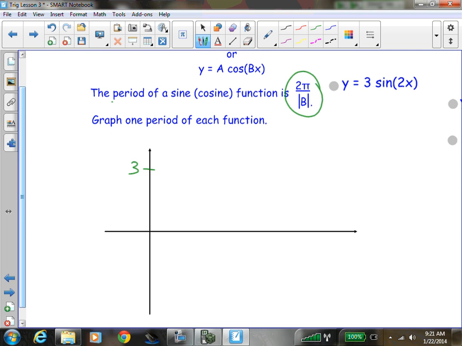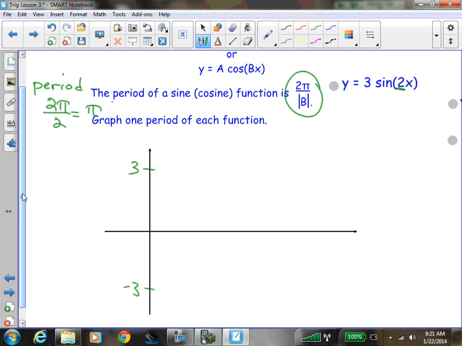I'm going to put a 3 and a negative 3 just from that, because nothing about that is changing. Now, to get the period, we're going to go 2 pi and divide it by the B. Our B here is 2. So this time, the period is going to be pi.